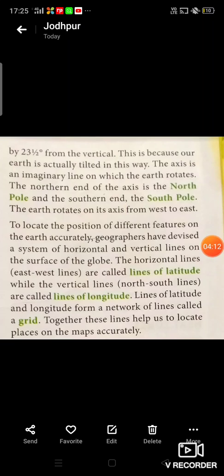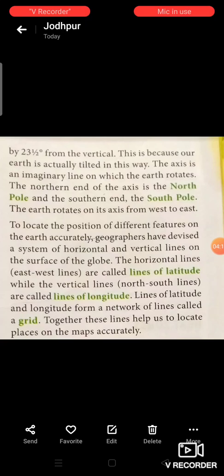The axis is an imaginary line on which the earth rotates. Originally there is no axis on the earth, but it is an imaginary line which is made to know the locations easily. The northern end of the axis is the North Pole and the southern end is the South Pole.